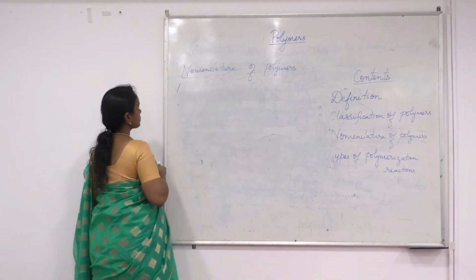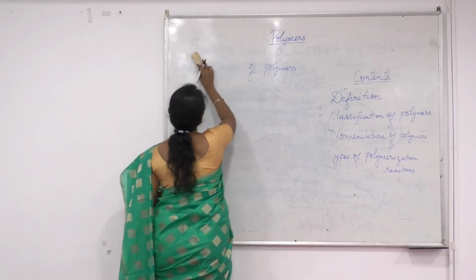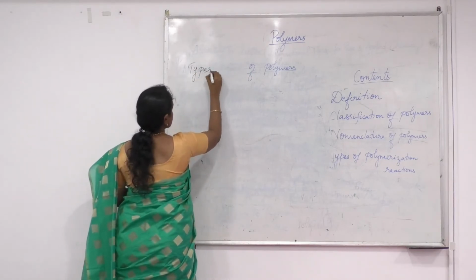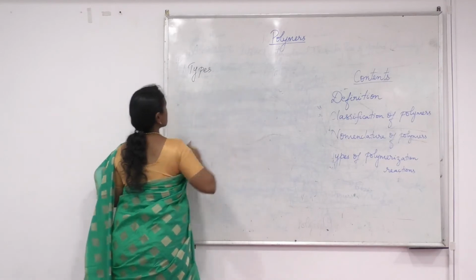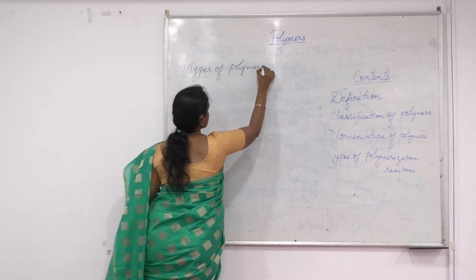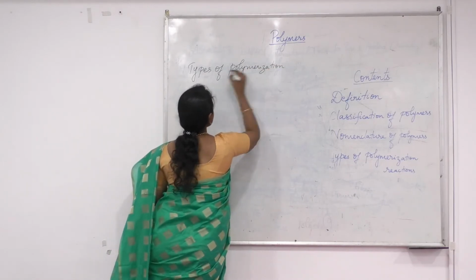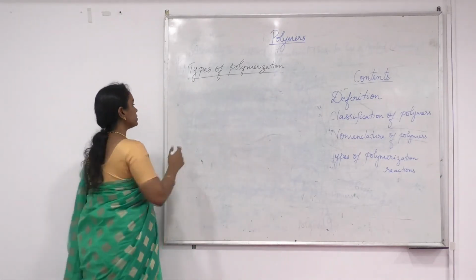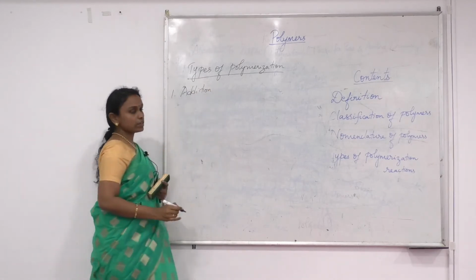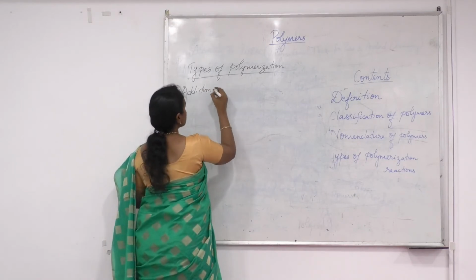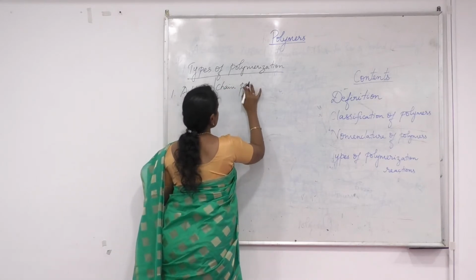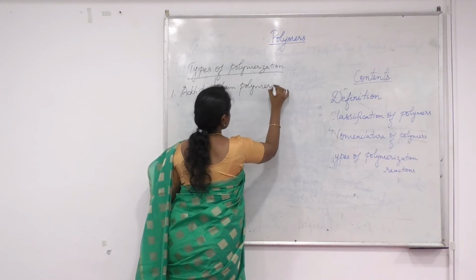So first we will see what is known as addition polymer. The first type of polymerization is addition, also called chain polymerization.